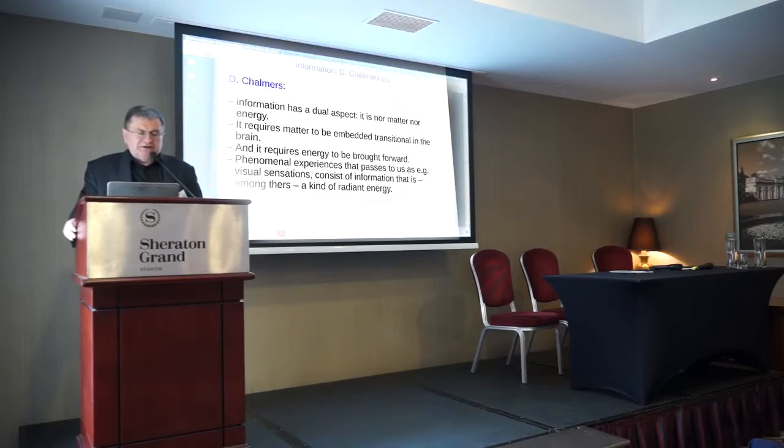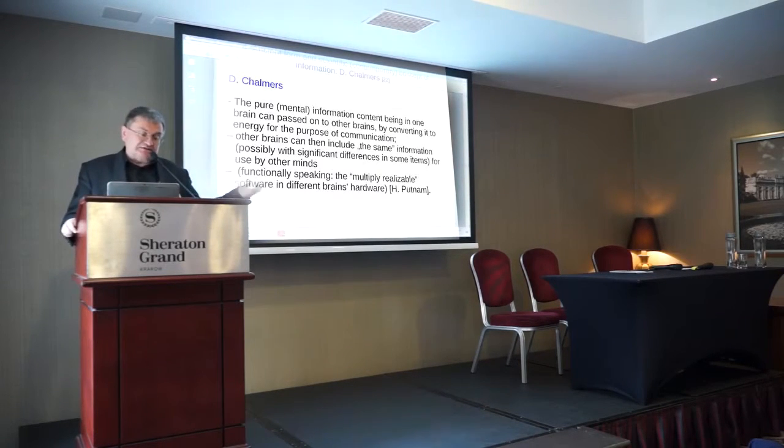In phenomenal experiences that pass to us, for example, visual sensations consist of information that is, among others, a kind of radiant energy. This is what Chalmers tried to explain.